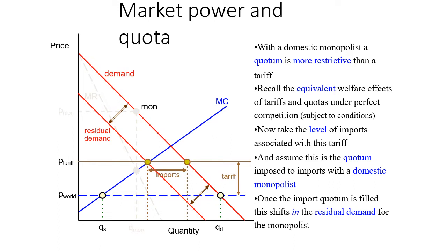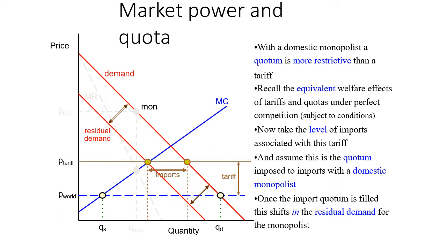So when you convert your quota, you first have to say, okay, under monopoly, when I have a quota, it means only so many imports are being brought in, or so many imports are being consumed by our country. That is represented by the two bronzish gold circles, highlighted there on your graph.